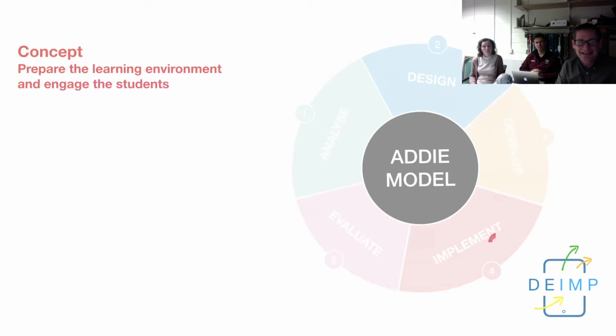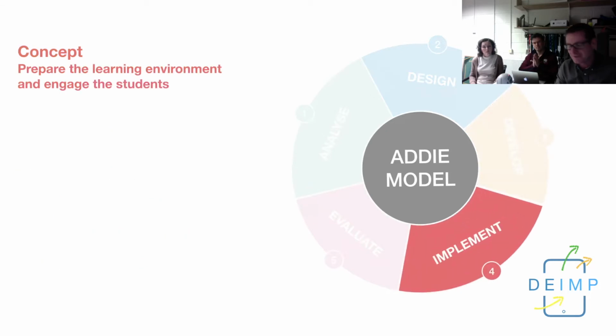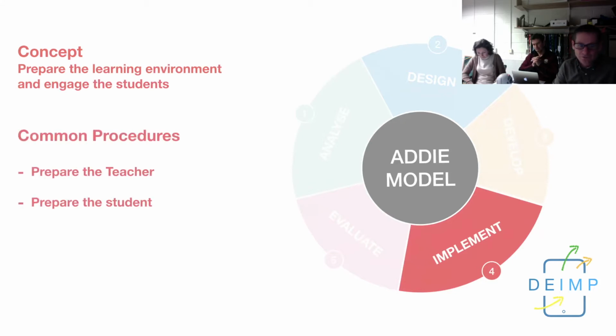The next stage is to implement. So the implementation we really have to think about is what that implementation will look like. So when you design your learning scenario, what form will it take in that implementation? For example, will it be online?